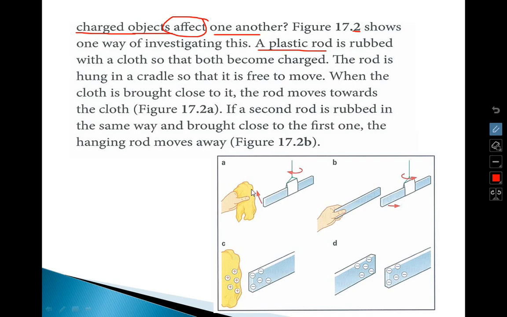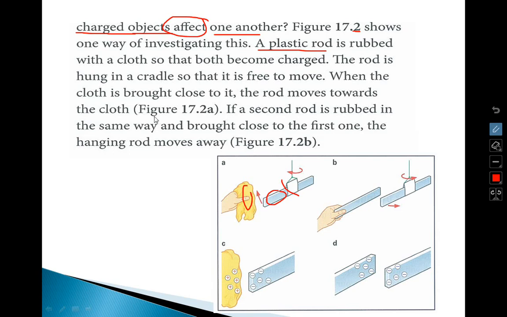Here is the cloth, and this is the rod. When you rub them together, both of them get charged. As we can see in this figure, the rod is hanging by a cradle so that it is suspended and free to move.